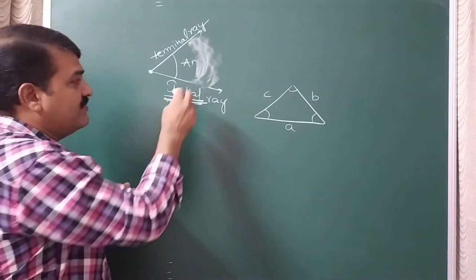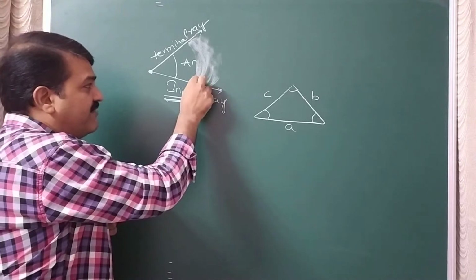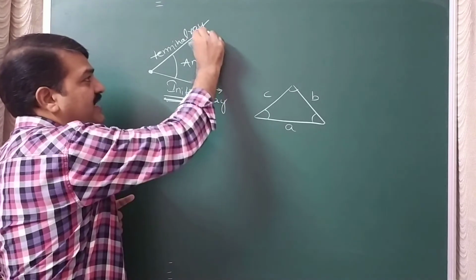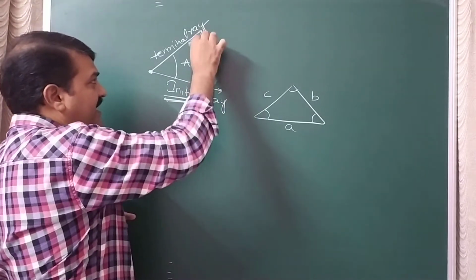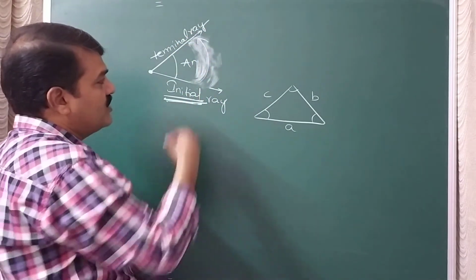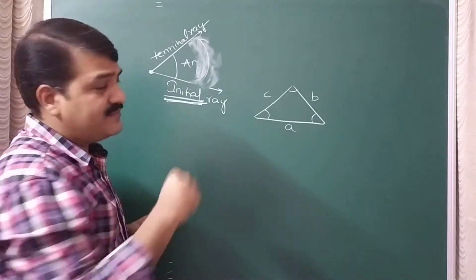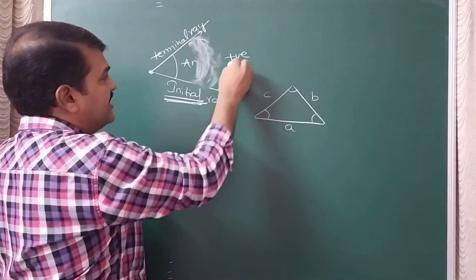Starting from the initial ray, if we rotate in the anti-clockwise direction like this, whatever angle you get is a positive angle.